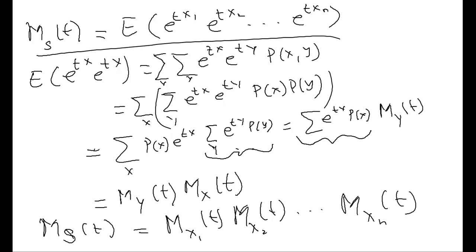So an example, we did this. We will use that property as we do moment generating functions for binomial and the other distributions. So, the moment generating function of the Bernoulli distribution.